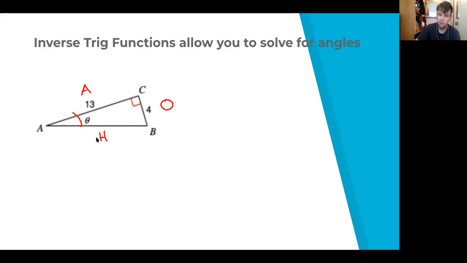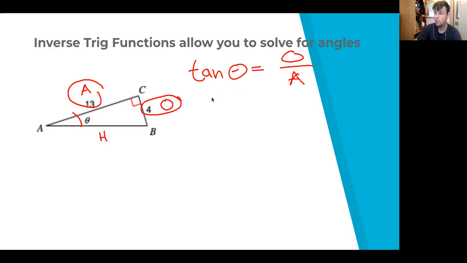And then from there, we need to pick the appropriate trig function to use. When we're solving for an angle, we need to know two sides to actually create that ratio. So we know the opposite and we know the adjacent. Opposite and adjacent go with tangent. Remember, tangent of the angle equals opposite over adjacent. But we're not using the regular trig functions. We're going to be using the inverse trig function, inverse tangent.